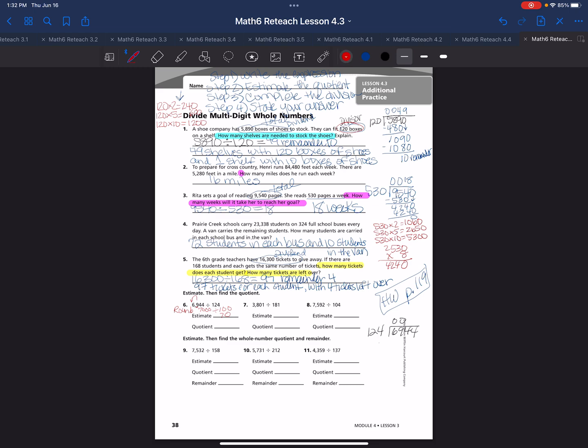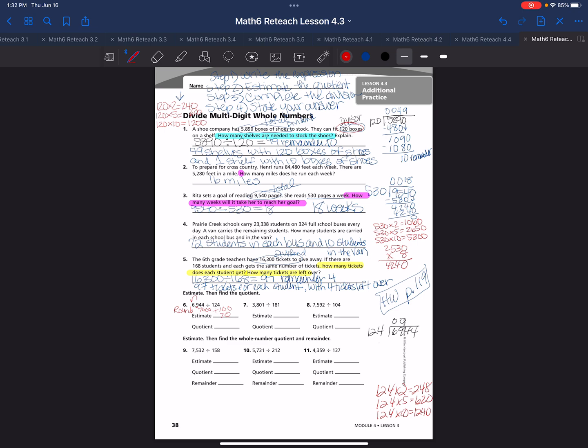Let's do my benchmarks really here. 124 times 2, 124 times 5, and 124 times 10. So if I do 124 times 2, I get 248. If I do it times 10, I get 1,240. And then half of that would be times 5.